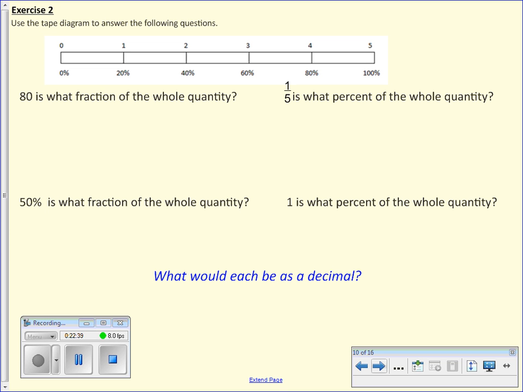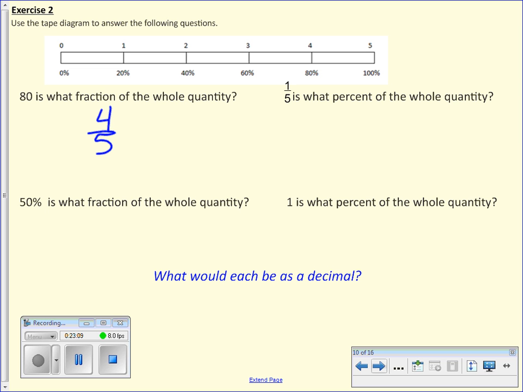Fifths. So I have 1/5, 2/5, 3/5, 4/5, and 5/5. So 80, I guess it should be 80%, is what fraction of the whole quantity? So point to your 80%. What fraction would it be?